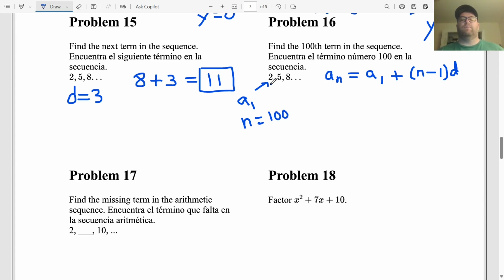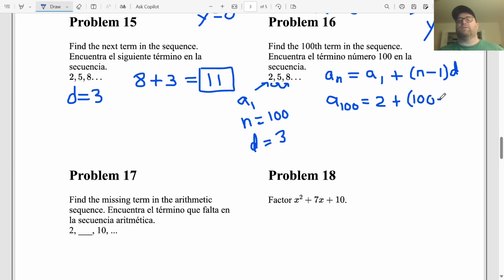And we know that when we go from term to term here, from 2 to 5 and then 5 to 8, our common difference d is going to be equal to 3. So we're going to say the 100th term, so a sub 100, equals our first term, 2, plus 100 minus 1.